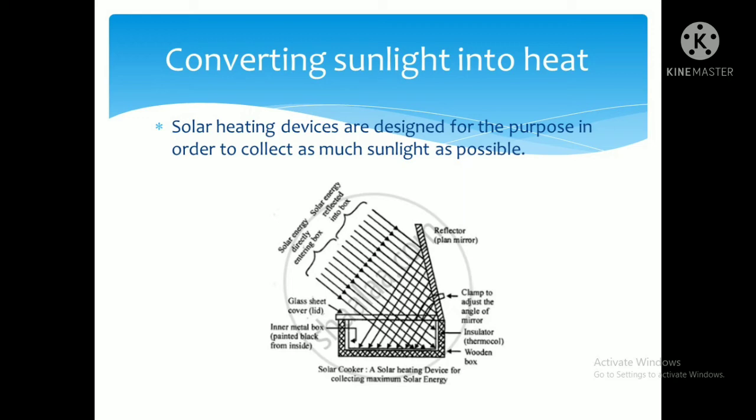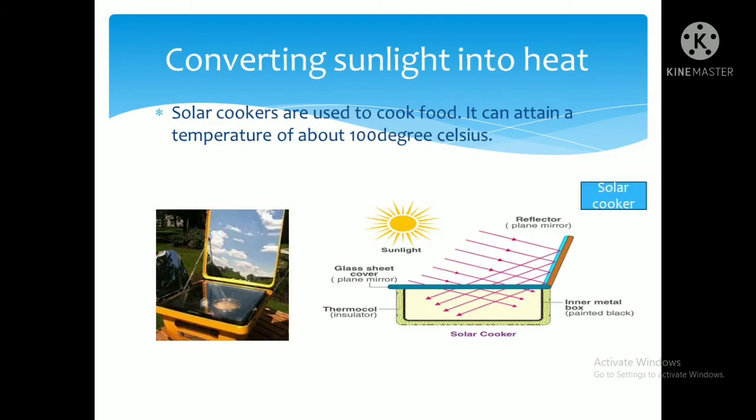We can use it for what? Like cooking. Rice, dal, anything we can cook there. So there is a conversion of sunlight into heat energy. Sunlight we have taken, again we have converted into heat, and that heat energy we can use to cook anything of our own choice.